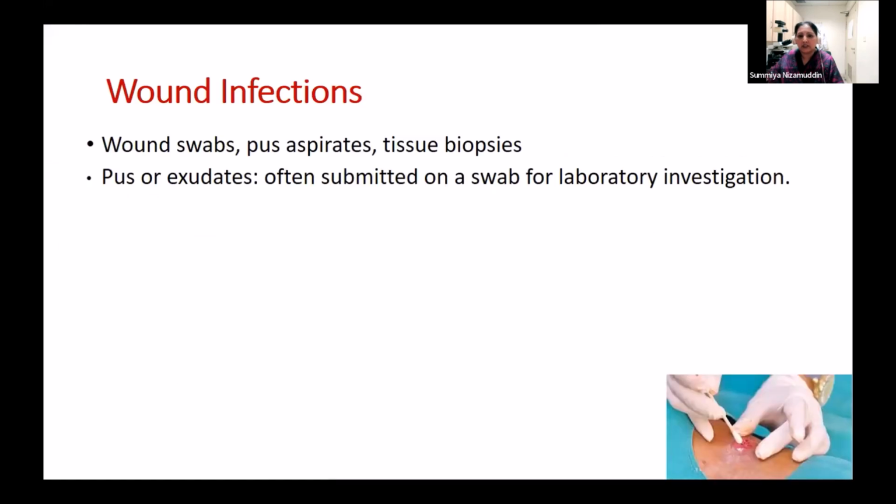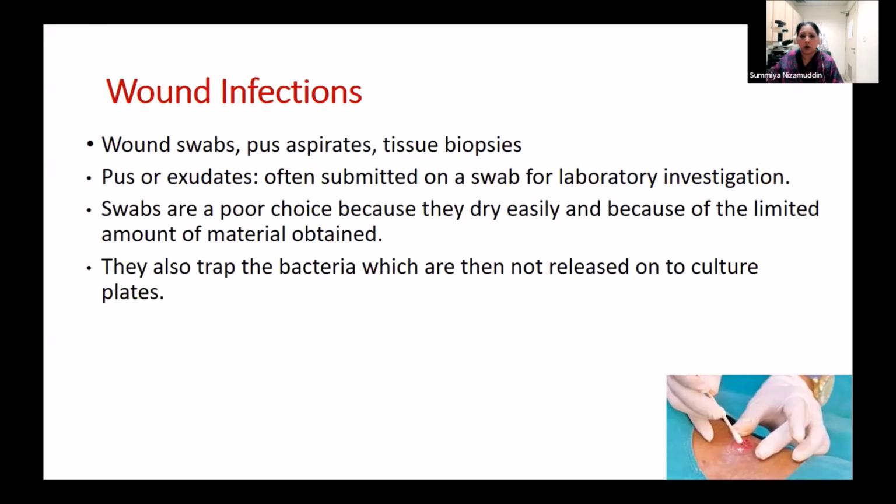So wound swabs, pus aspirates, tissue biopsy, these are what we usually include under wound infections. Wound swabs are one of the most common samples received in the lab for cultures.